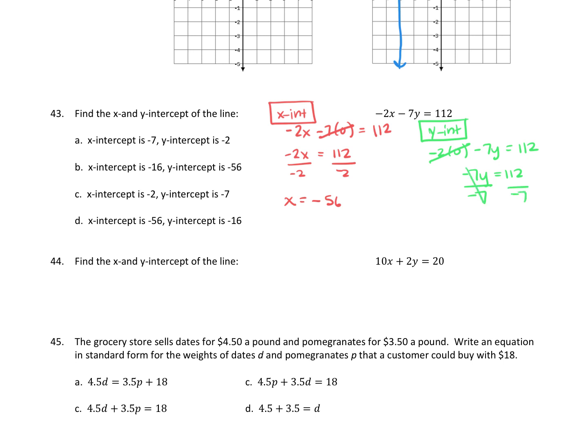Divide by -7. -7 divided by -7 simplifies to 1, 1 times y is y, and 112 divided by -7 is -16. So we look at our options. Do we have one that says x-intercept is -56 and y-intercept is -16? That is choice D.